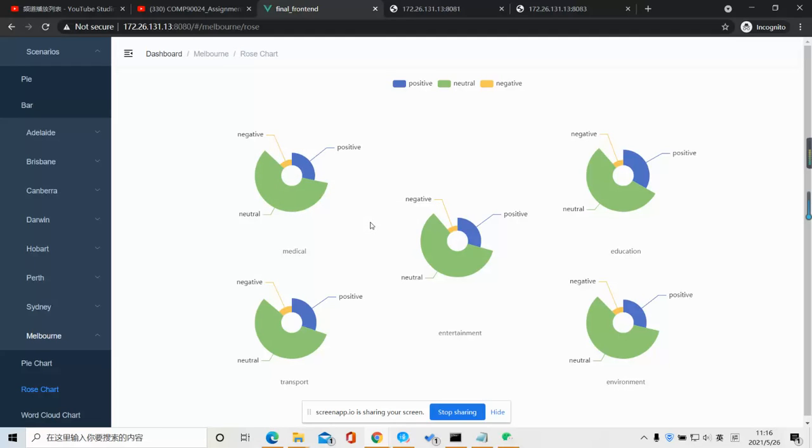For example, in Melbourne, most of the topics we select have more neutral sentiment scores. And the second biggest portion is positive. So very few people think about these topics as negative.